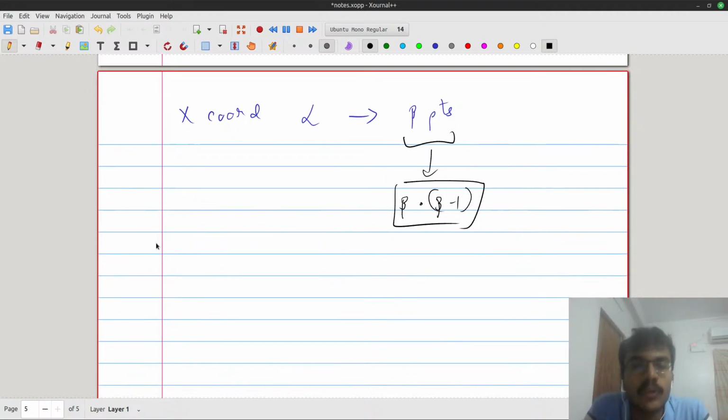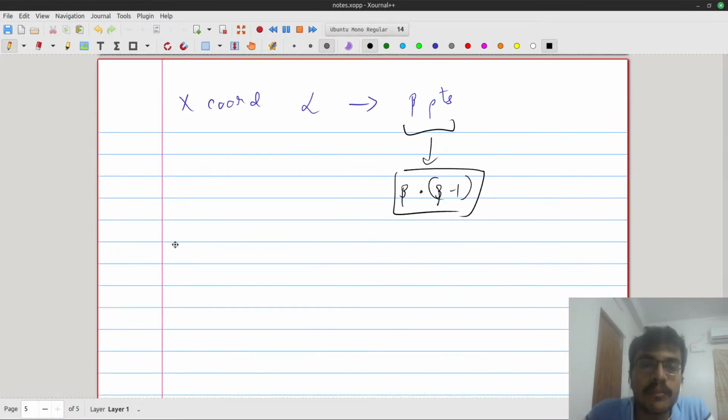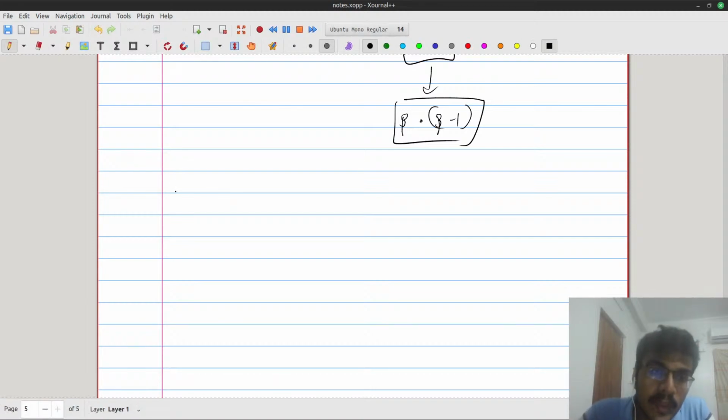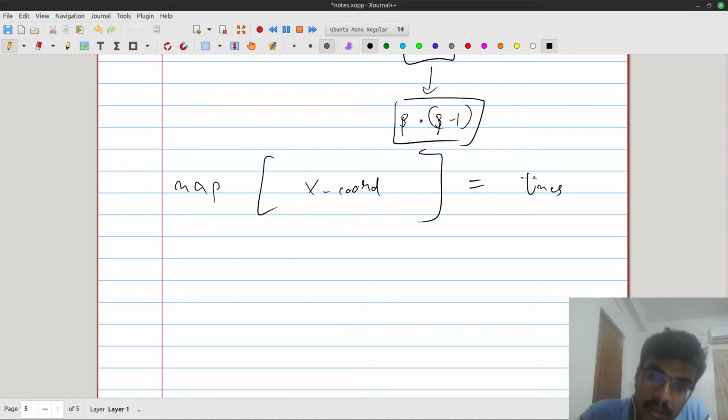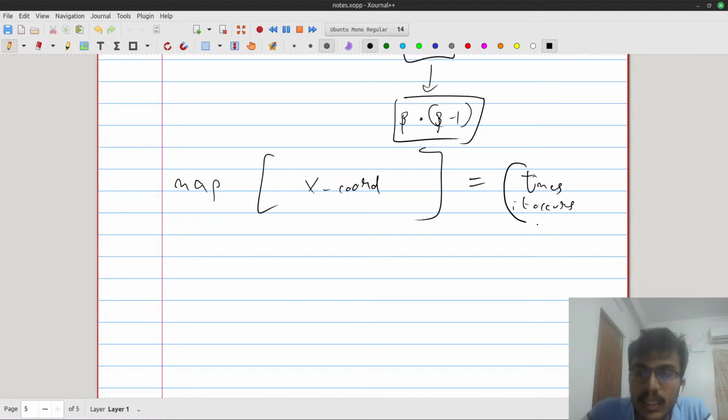So what will be the final answer here? We can just maintain a map of the x coordinate and how many times it occurs, iterate over the map, and the answer will be this count times this count minus 1, summed over all the x coordinates.